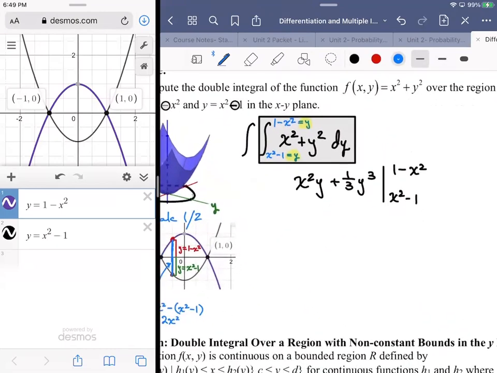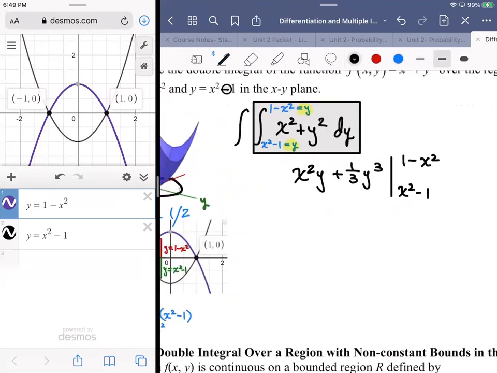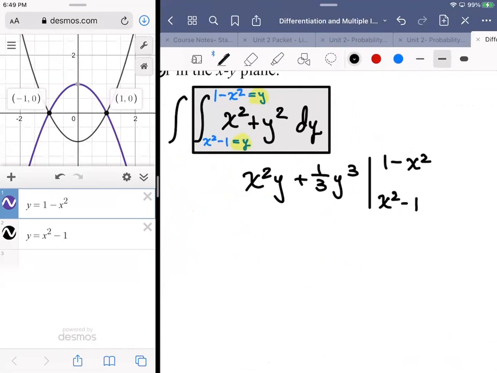So we can crunch these numbers. When I pop it in, I'm going to pop in for the y here and here. So we're looking at x squared times 1 minus x squared plus 1/3 times 1 minus x squared cubed.